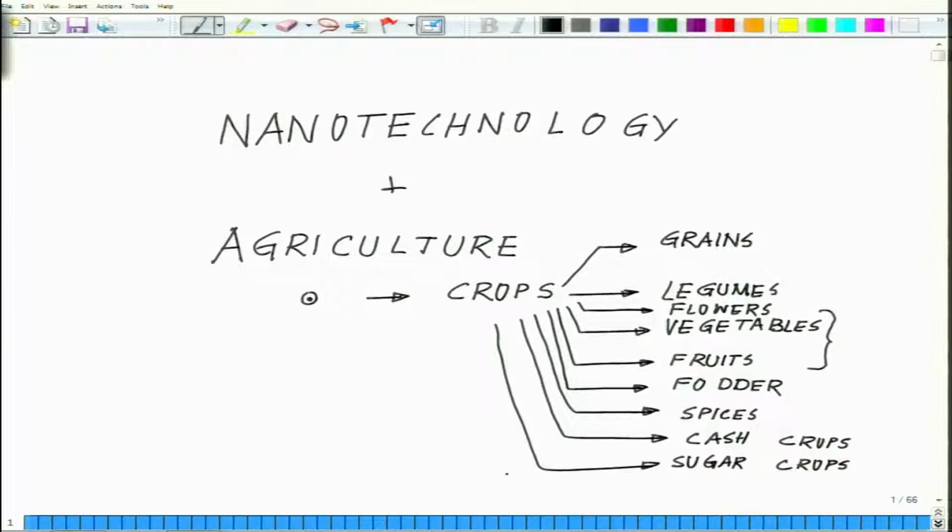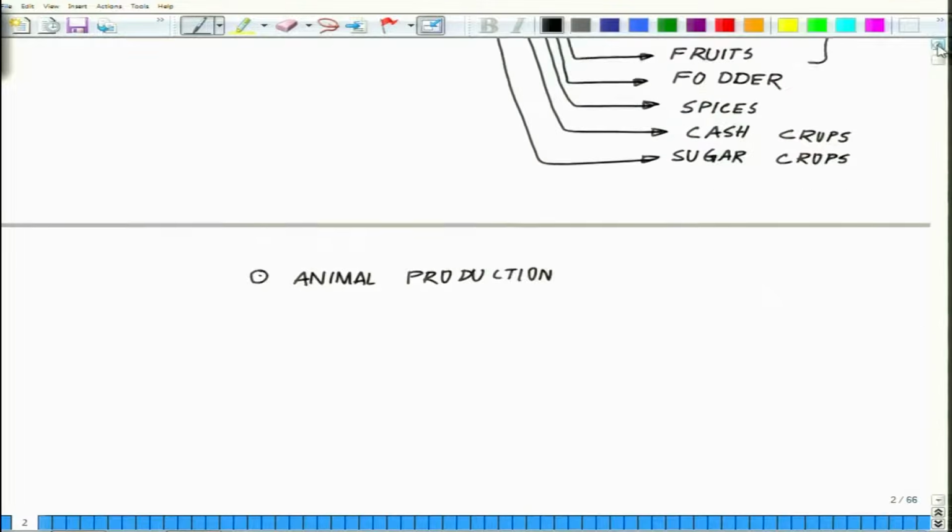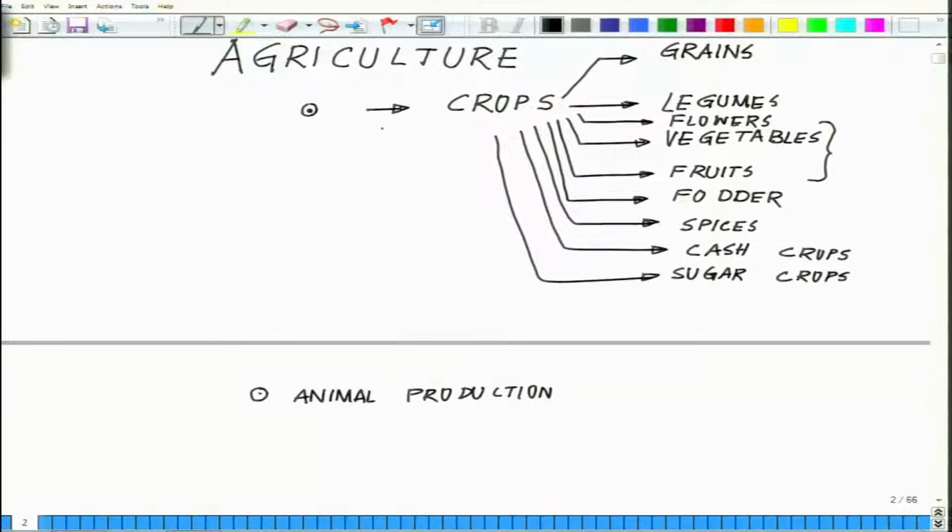Second aspect of agriculture is animal production. This is the second part of agriculture. Crop production, as I have already mentioned here. So the crop production, animal production.